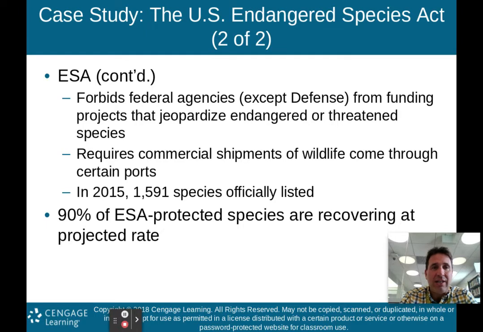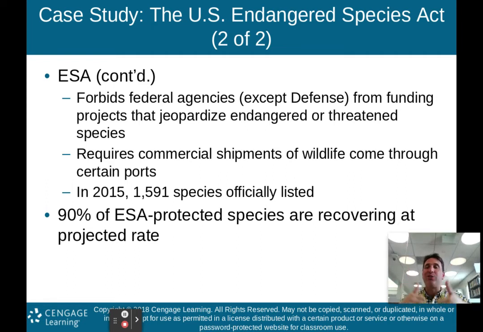90% of the Endangered Species Act protected species are recovering at a projected rate. Let's all give a round of applause here, okay? Because again, we talk about all the negatives in environmental science, but here is a positive. The Endangered Species Act of 1973, and again, amended several times, is now working. 90% of the species protected by that act are recovering at some projected rate.